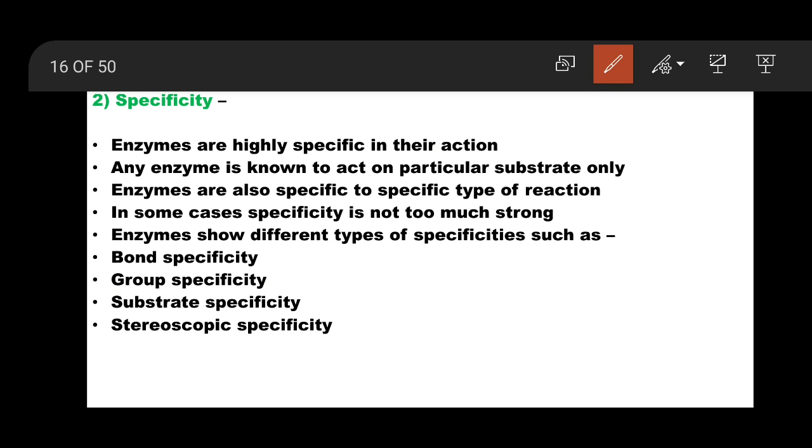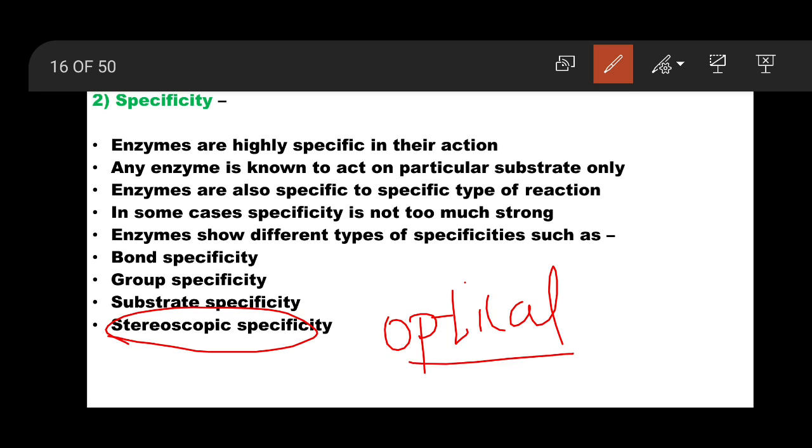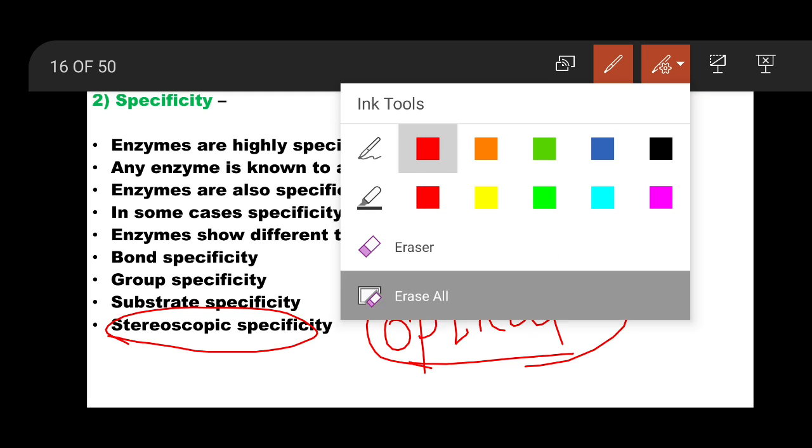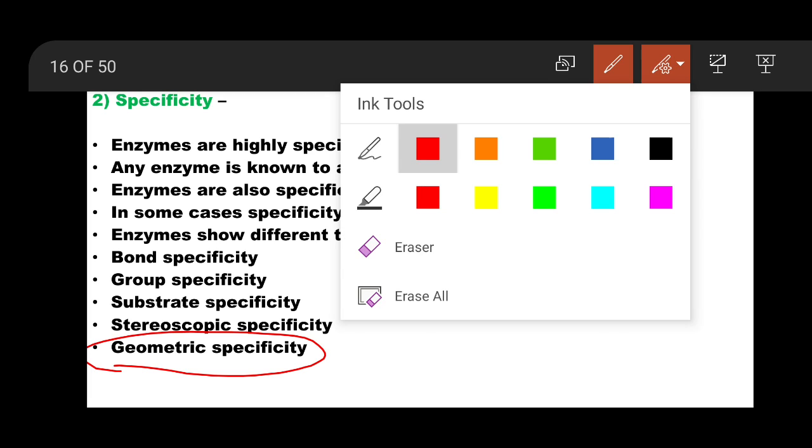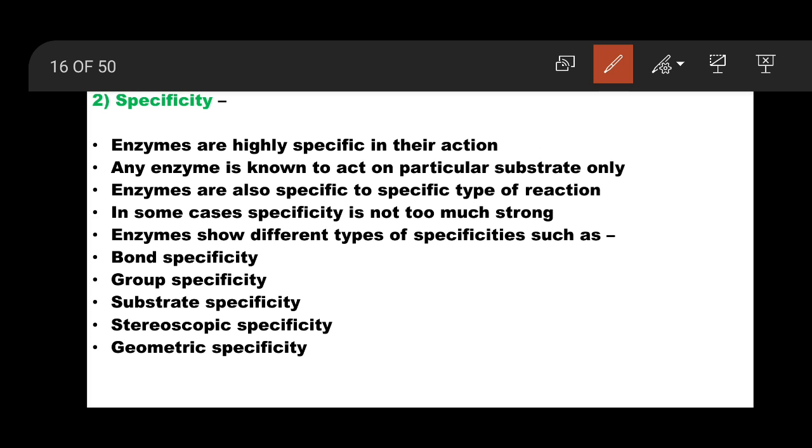Stereospecificity, also known as optical specificity. That is the arrangement of molecules in three-dimensional space. Geometric specificity, according to structure, what type of molecular structure, molecular formula is there. So there will be geometric specificity.